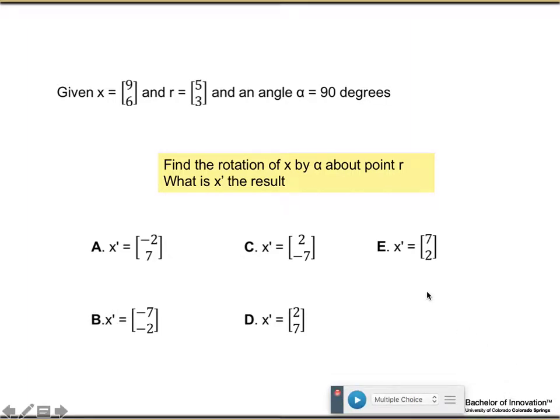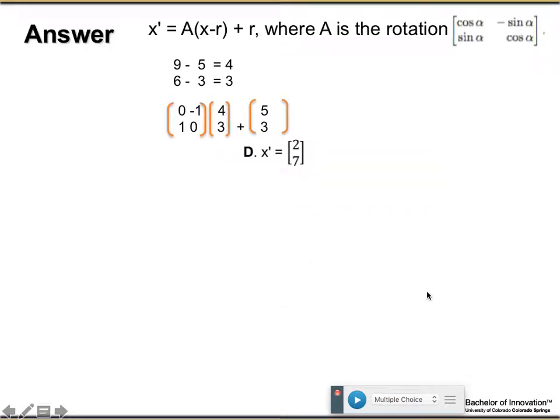Okay, so most people did get this one. So the correct answer was D as in David.